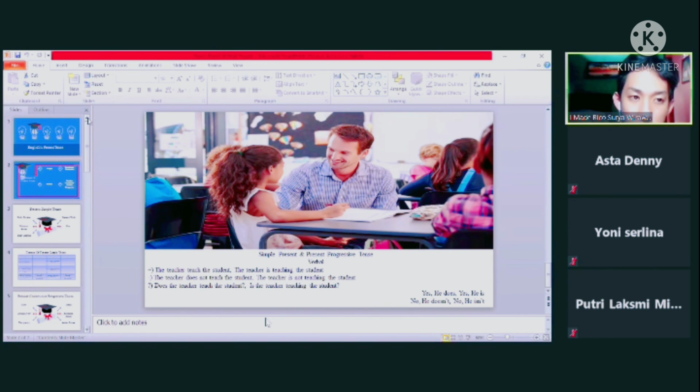In the worksheet, I order you to complete one paragraph. You have to fill all the gaps with the verbs that you already learned, which is simple and continuous. I hope you can put the theory into action on the worksheet that I will deliver to all of you now.